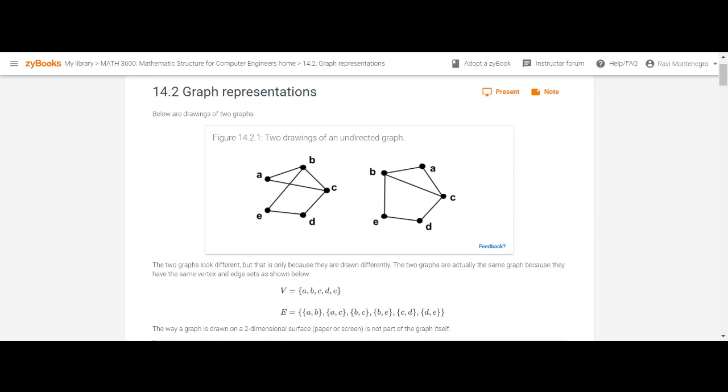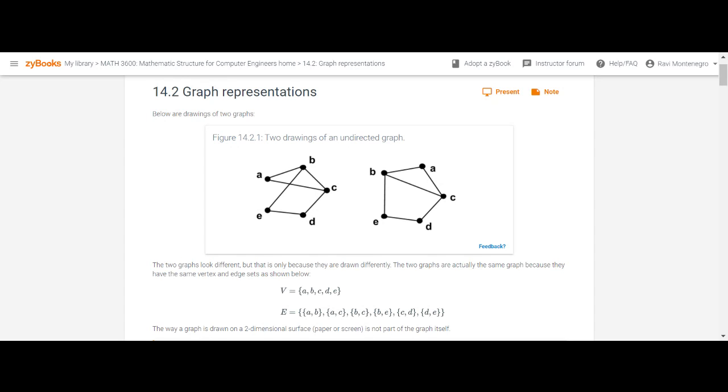Here's a graph. Underneath, you can see the vertices and the edges. Now notice that if you look at these two figures, they're actually the same. On the left-hand side, A, B, and C were all connected to each other.